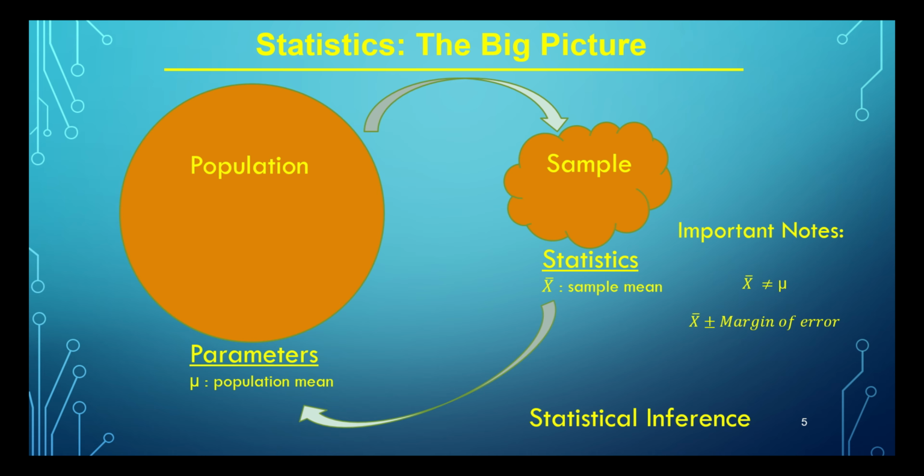This point estimate X bar plus or minus a margin of error is what we refer to as a confidence interval. You'll often hear things about a 95% confidence interval or 90% confidence interval. How do you interpret a 95% confidence interval?